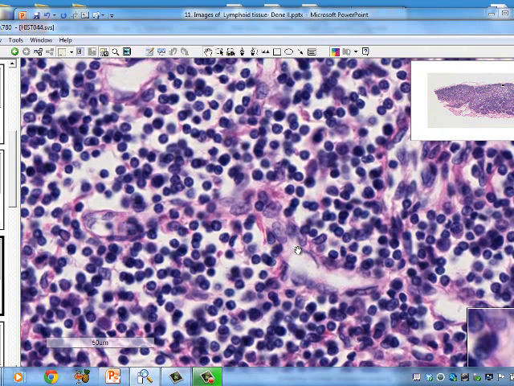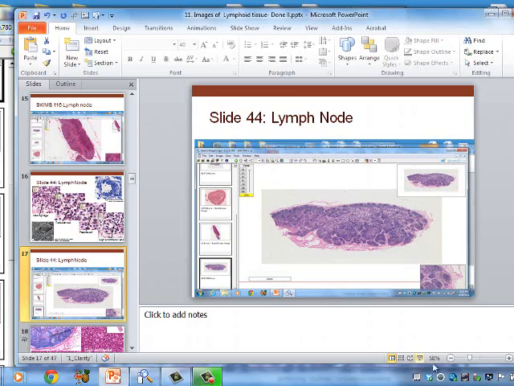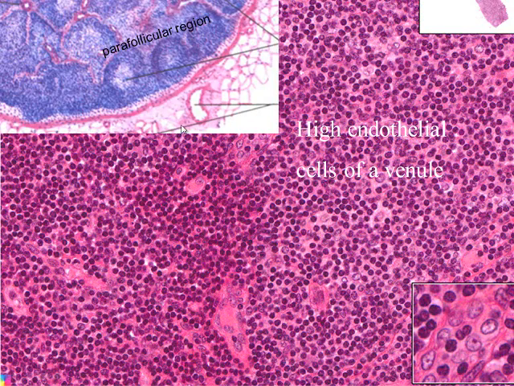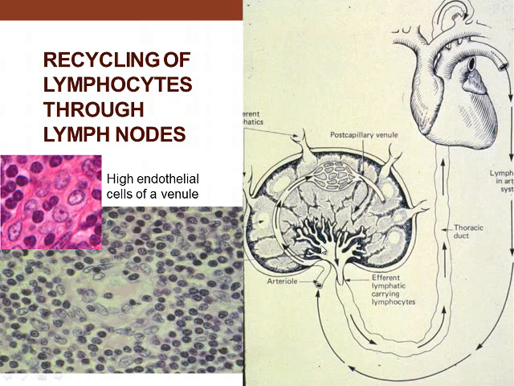They're not flattened, a characteristic of regular venous tissue. So if we look back again, we can look at the high endothelial venules in through here and here, and it's in the parafollicular region. So there's the parafollicular region, right in through there is where you have those.